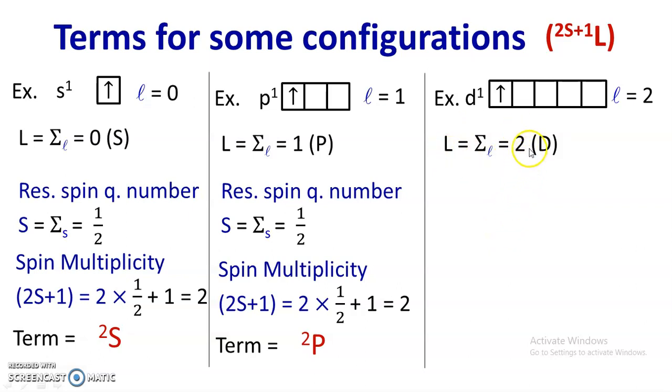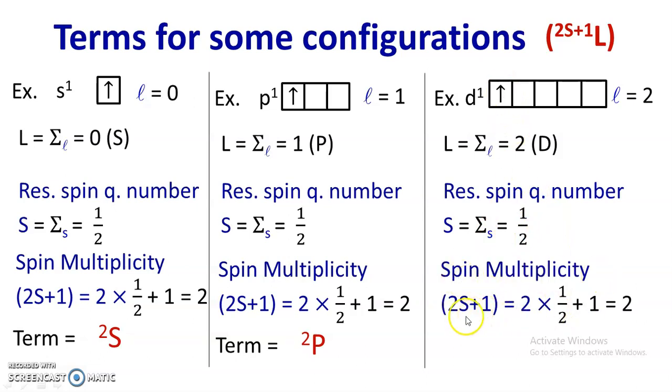And when L is equal to 2, then corresponding state symbol is D, capital D. And resultant spin quantum number, as there is only one electron, S is equal to algebraic sum of individual spin values, that is equal to half. Spin multiplicity 2s plus 1, that is equal to 2 into half plus 1, that is equal to 2, and the term is D2.